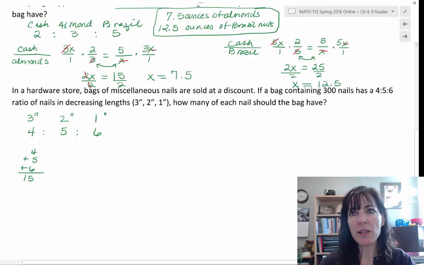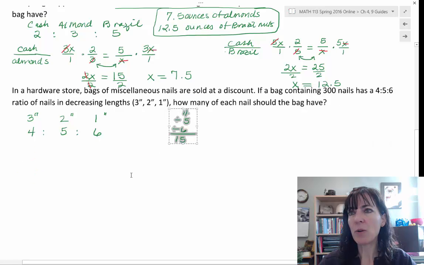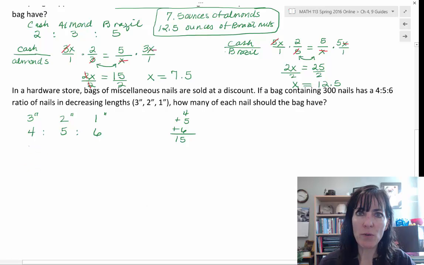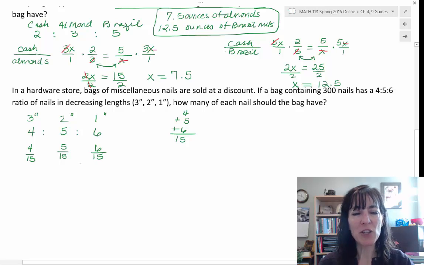And so then we can say for each nail length, and I maybe should move this a little bit, I'll put that over there so we can still use our little chart right here. What we know for the 3-inch nail is that 4 out of 15 are going to be 3-inch, 5 out of 15 are going to be 2-inch, and 6 out of 15 are going to be 1-inch.